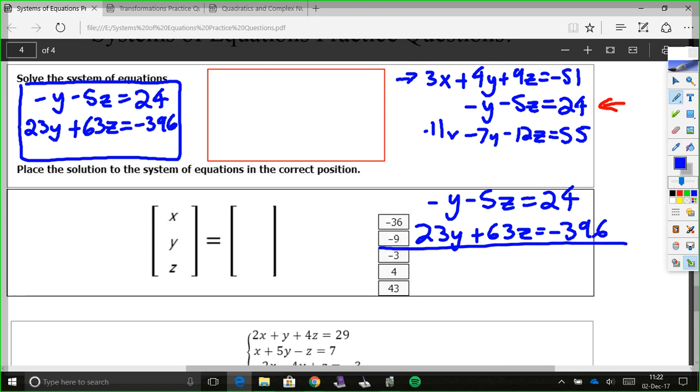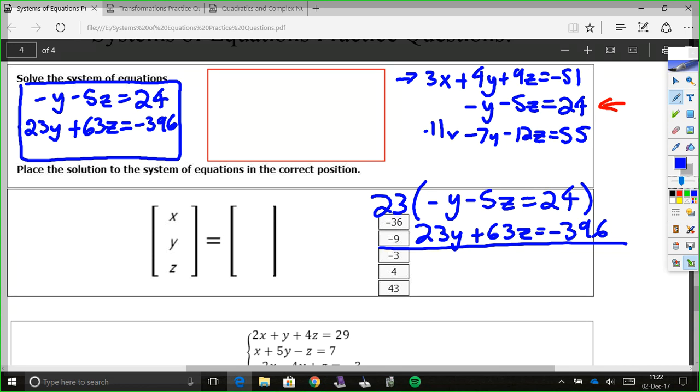Now, same exact process that we just did, elimination. Now, this is just my choice, but I'm going to multiply the top equation by 23, because that'll make a negative 23y, and I already have a positive 23y on the bottom it would cancel with.